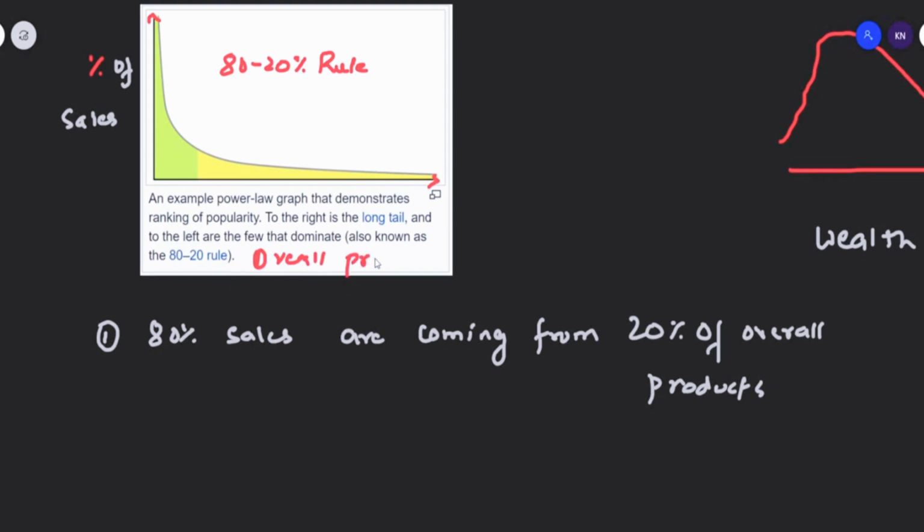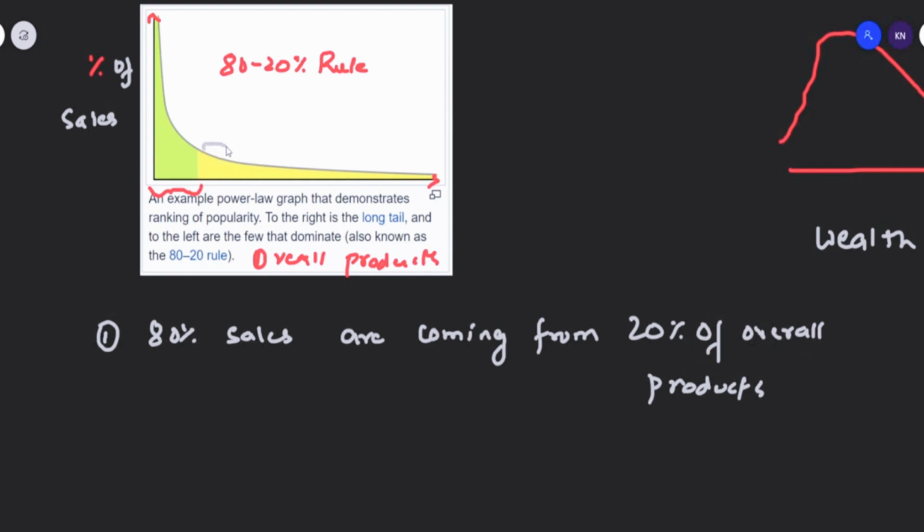I'm just taking this as an example. Now from this graph, it says that this 20% of the overall products is actually doing 80% of the sales.